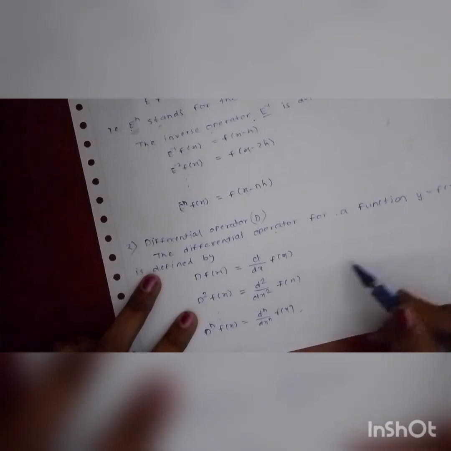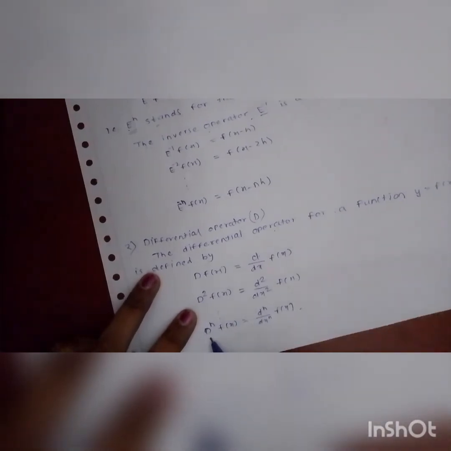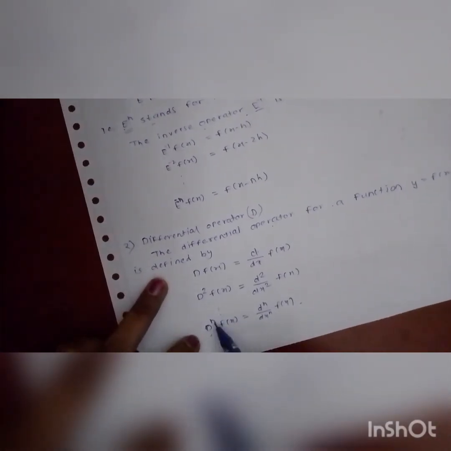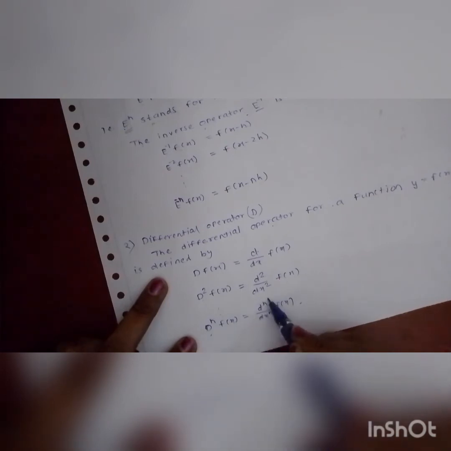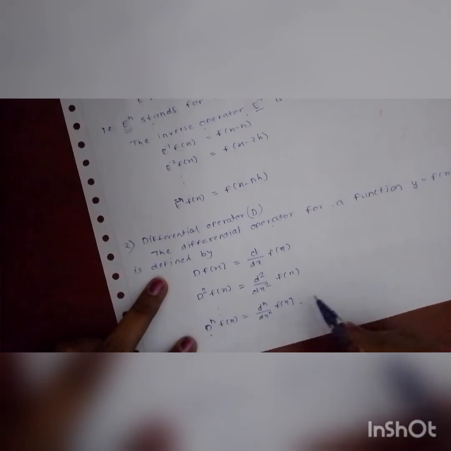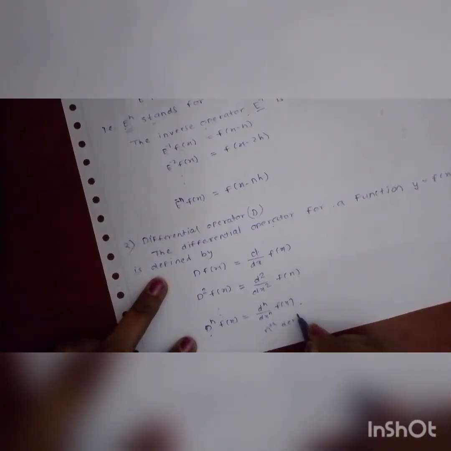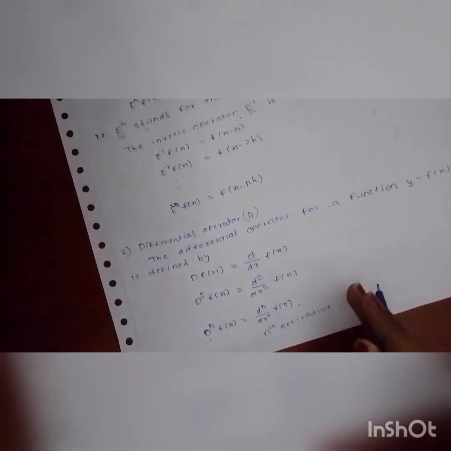And so on, for n number of terms, D raised to n f of x is d raised to n upon dx raised to n f of x, that is the nth derivative of f of x.